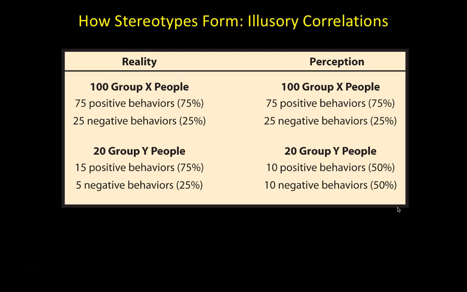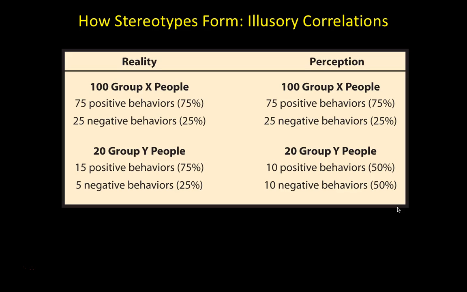Here is an example of studies that demonstrate how illusory correlations can form when we're observing people. In this particular example, participants in the study were asked to flip through a large number of vignettes describing a behavior of two different kinds of people who, in the story, populate a community.